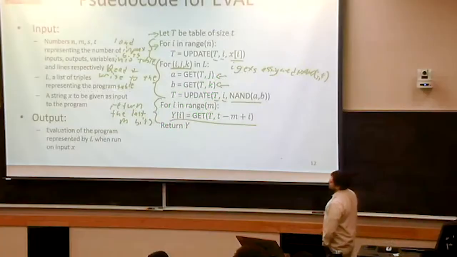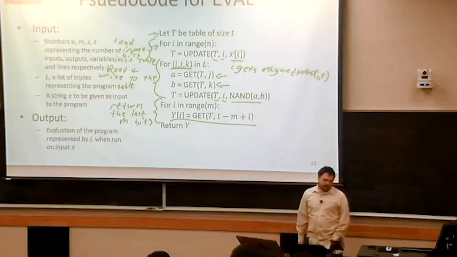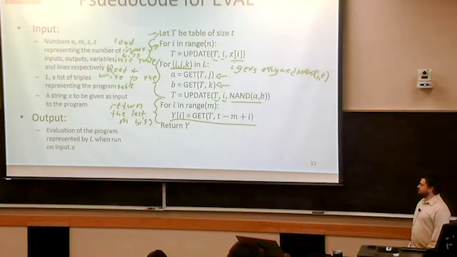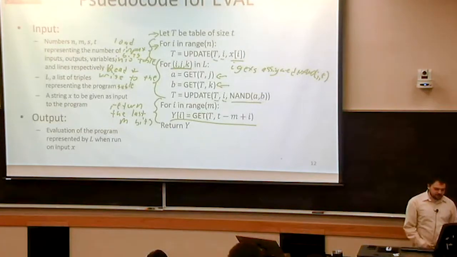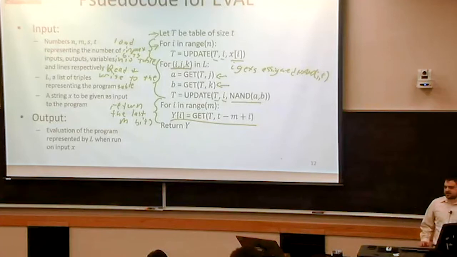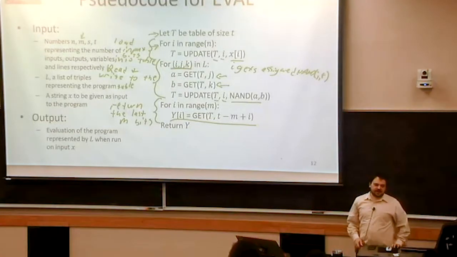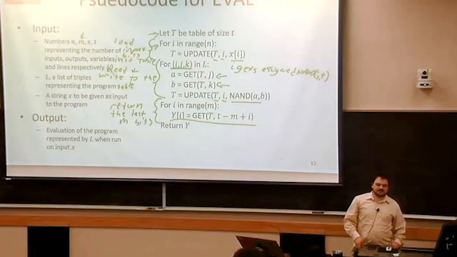We update the table to have all of the inputs in it, and then we get from the table the last two things in each triple, and then update so that the NAND of those goes to the first thing in each triple. And then when we're done, we just return the last things. This is exactly the same pseudocode and procedure we saw before, just now in terms of these triples.